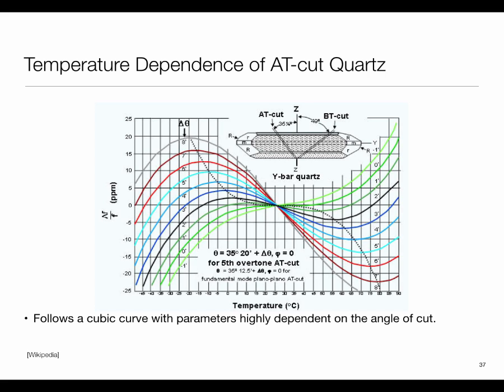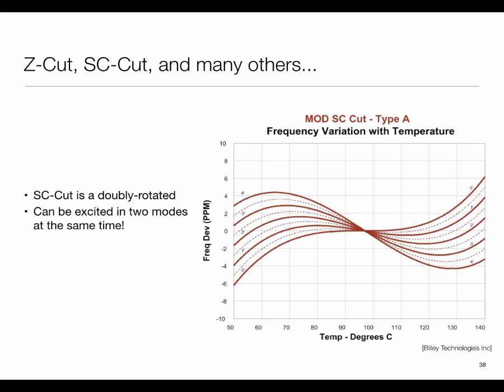So when you buy a crystal, if you're lucky, you will get the nominal one, but if not, you're going to get things on one of these other curves. And again, you can either calibrate them or you can pay to buy a pre-calibrated crystal.